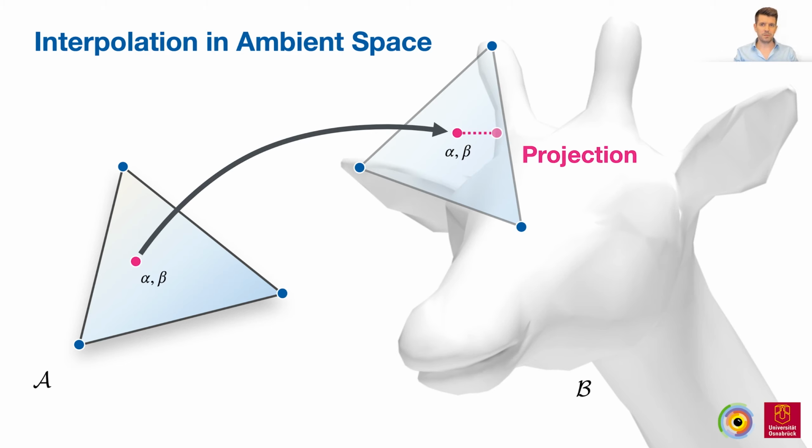An idea could be to perform some kind of projection from the ambient space interpolation back onto the surface. And various instances of this idea have been employed in a number of works. However, it must be noted that there is no known way to do this in such a manner that the projection leads to a homeomorphism in general.